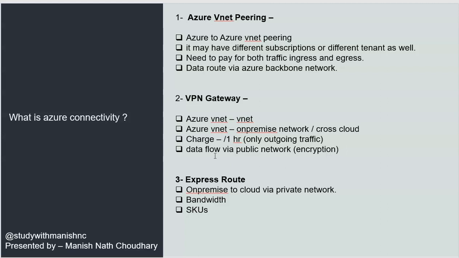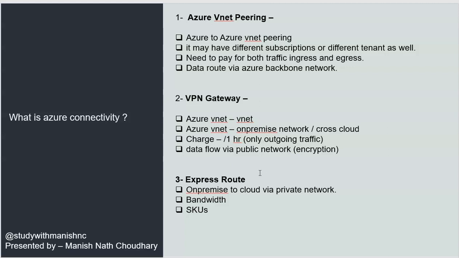So in this scenario it is cheaper, but it is less reliable than the Microsoft backbone network, because it uses the public network, though it has different types of encryption. So it is cheaper, but security is again the issue.